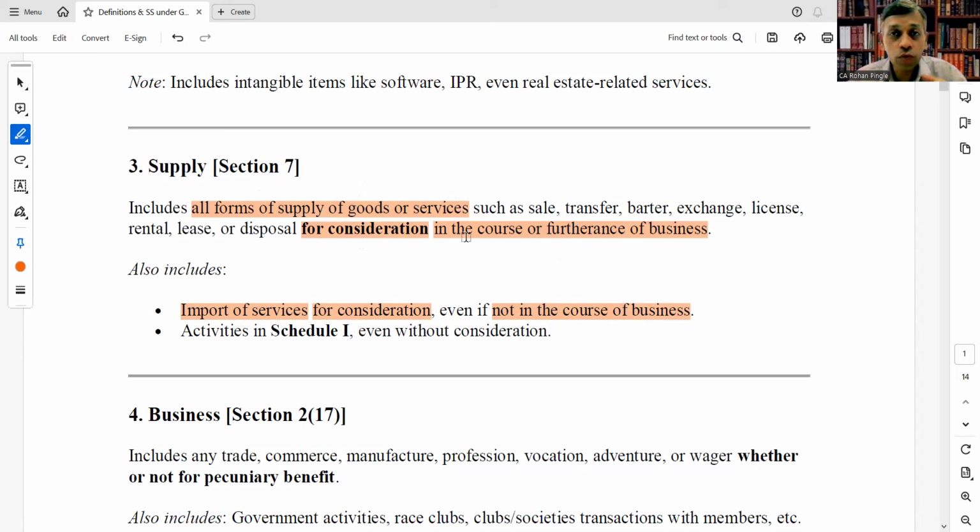But in respect of import of services for consideration, even if it is not in the course of the business, means you personally import anything, it will be covered under GST, and you pay for something, that means consideration is required. And activities in Schedule 1, even without consideration, are covered under supply.